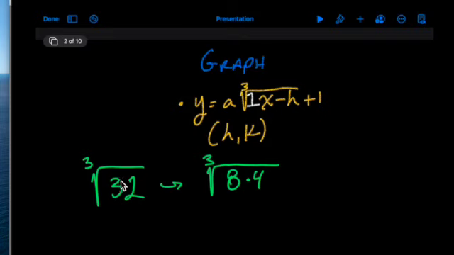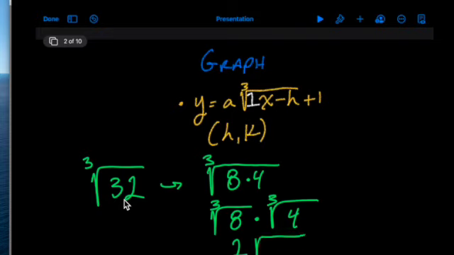When you break this 32 into a perfect cube and another number, you give each of them their own radical. Now we have a perfect cube out here which can be simplified to 2. So your final answer becomes 2 times the cube root of 4. We're going to use this concept to look for perfect cubes in this radical as we plot our graphs.